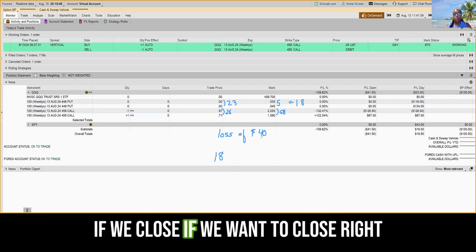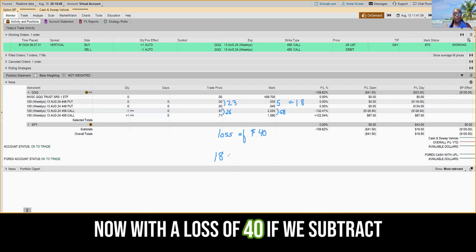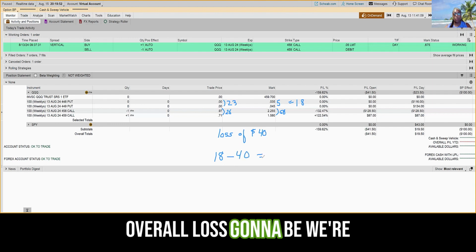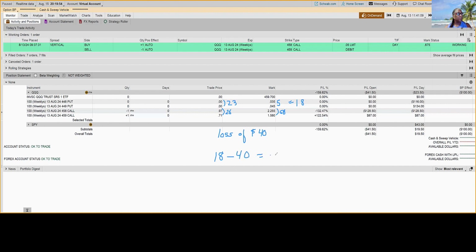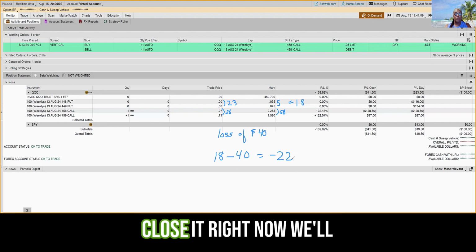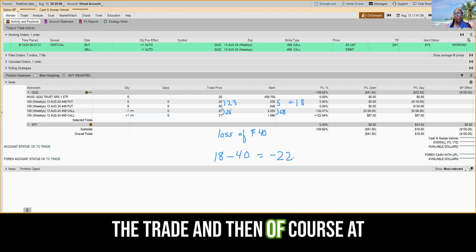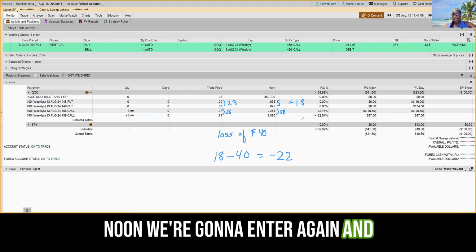If we want to close right now with a loss of 40, if we subtract $40 from this, what's our overall loss going to be? We're down $22. If we close it right now, we'll be down $22 for the trade. And then, of course, at noon, we're going to enter again and take in more money.